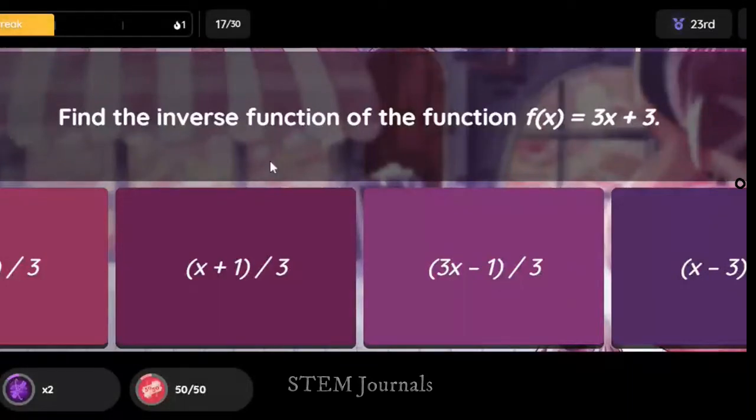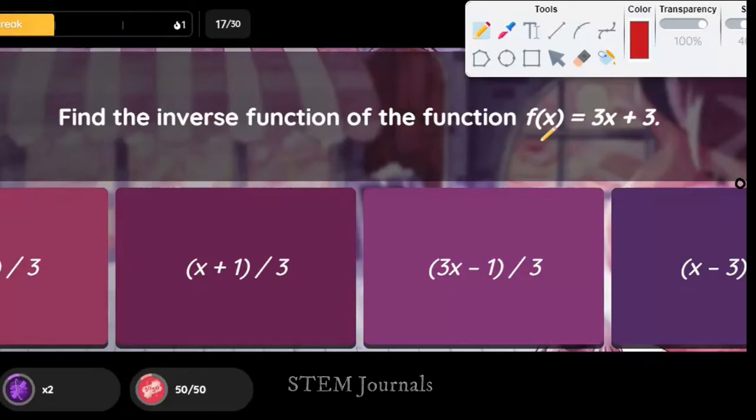Find the inverse function. Ito yung diniscuss ni Sir kanina. First thing talaga is, since function siya, f of x, siya yung y natin. We're going to change that into y.